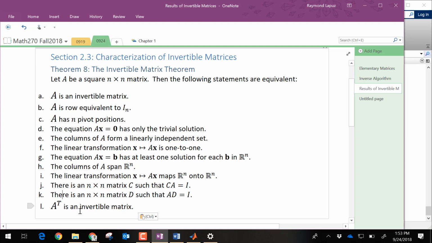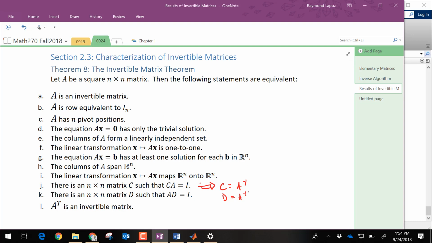And then the transpose is also invertible. So C equals A inverse and D equals A inverse. They're not giving it a name, but it's really A inverse for both of them.